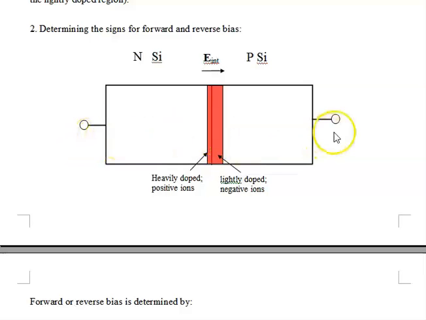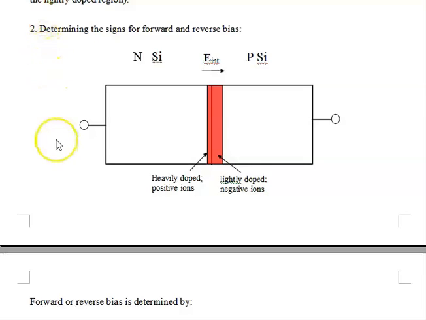And if we have reverse bias, so this would be a negative over here, we're pulling holes away from the depletion region, which uncovers more negative ions. So any way you look at it, with just a few seconds of thinking logically, we should be able to determine which is the direction of forward bias and which is the direction of reverse bias.